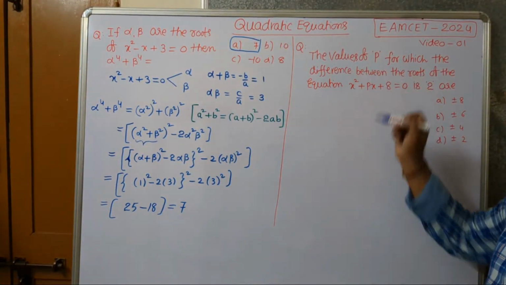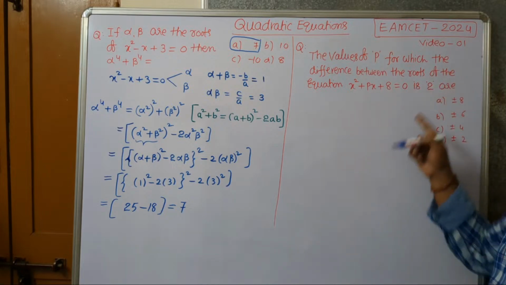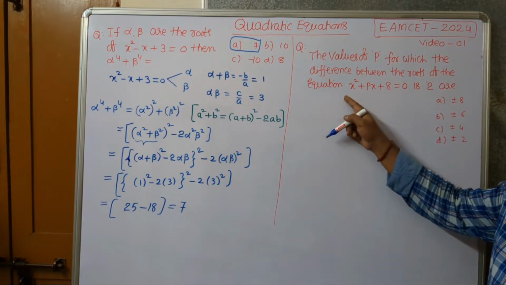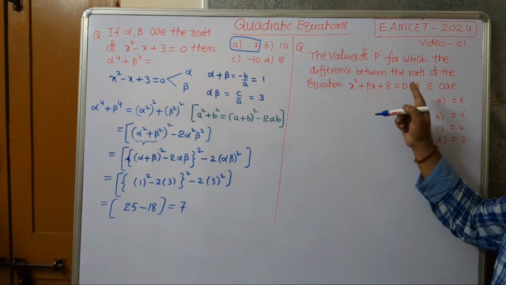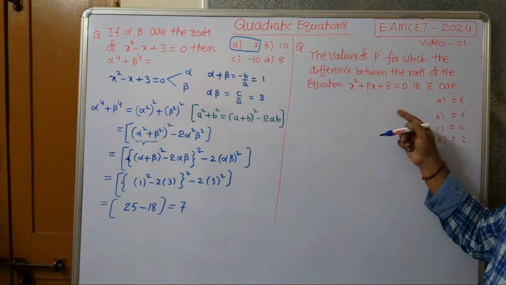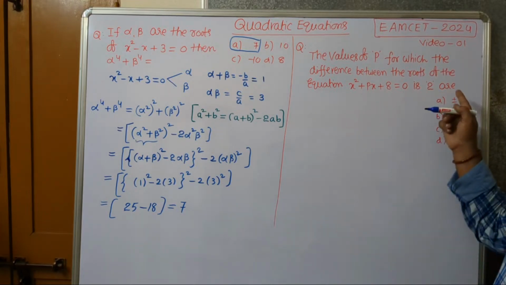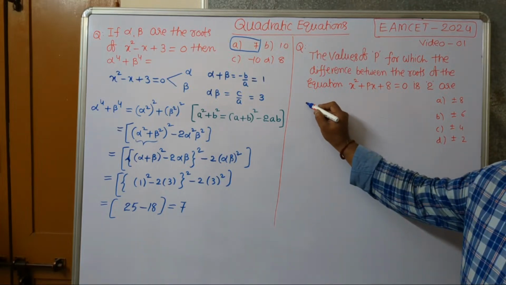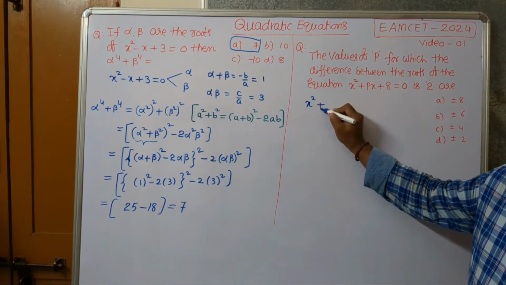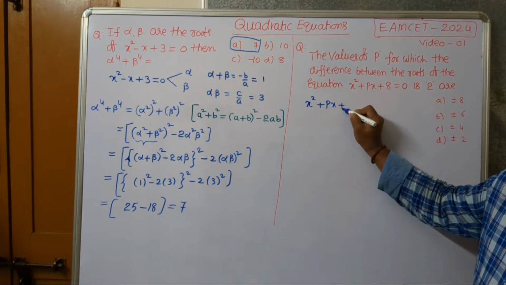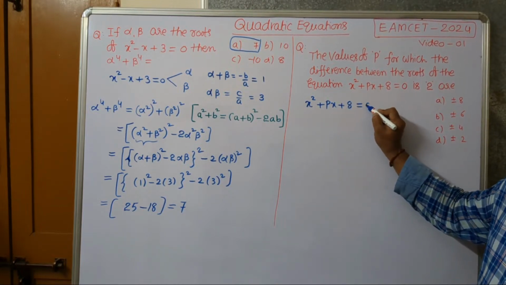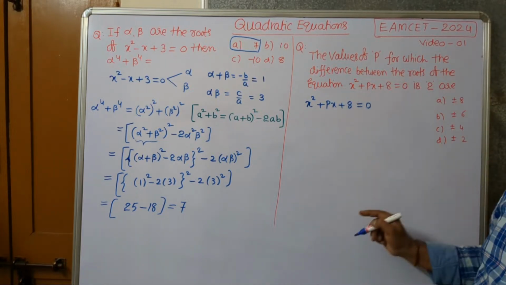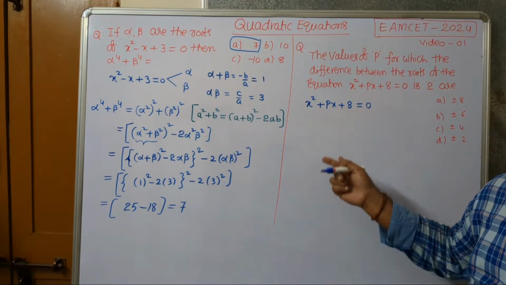See, the values of p for which the difference between the roots of the equation x square plus px plus 8 equal to 0 is 2, or what are the values of p they are asking. So first the quadratic equation we are writing as x square plus px plus 8 equal to 0. The difference between these roots, the roots of this equation are alpha, beta.